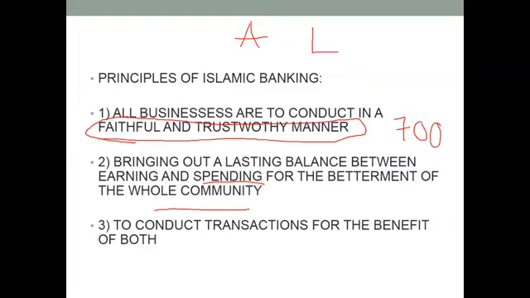Because the conventional economy's objective is profit maximization. You want to increase your revenue and reduce your costs as much as possible. But we are not profit maximization, but we are falah maximization. Falah maximization, right?